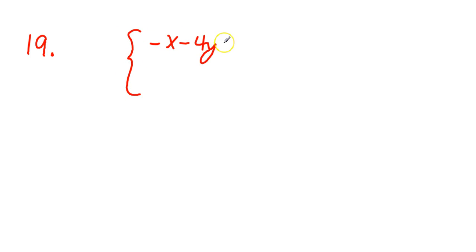Okay, 19. Same directions on 19, just a different problem here. Let's go negative x minus 4y equals negative 8, and then x plus 4y equals 8.